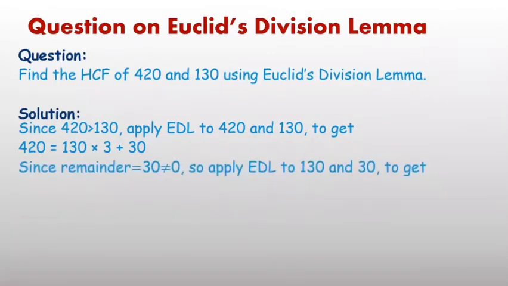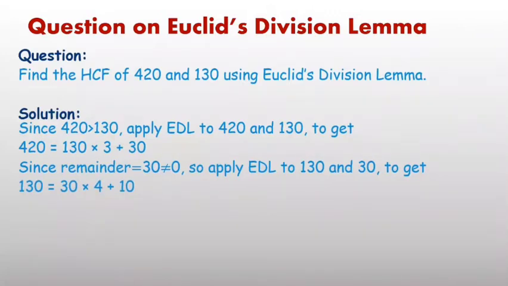At this step the remainder is not equal to 0. Again apply Euclid's division lemma to the divisor and remainder, means 130 and 30. Next step you can write 130 equal to 30 into 4 plus 10.